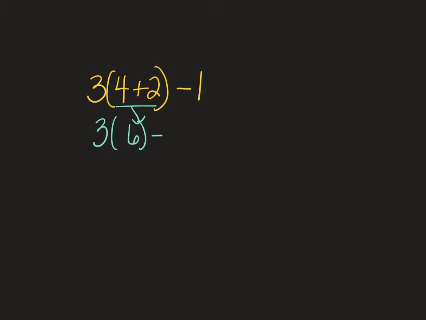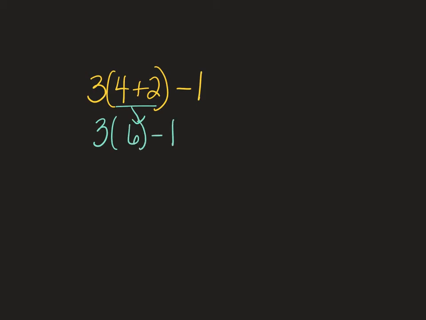Okay, so let's say that we have 3 times (4 plus 2) minus 1. So what am I going to solve first? Do I have anything in parentheses? I absolutely do. I have 4 plus 2. So 3 times 6 minus 1.